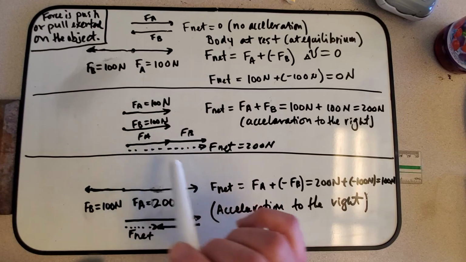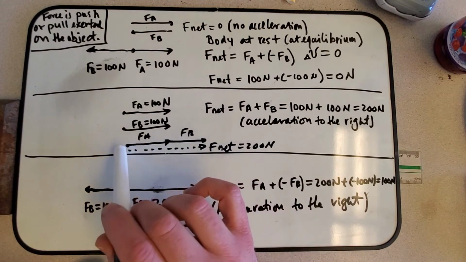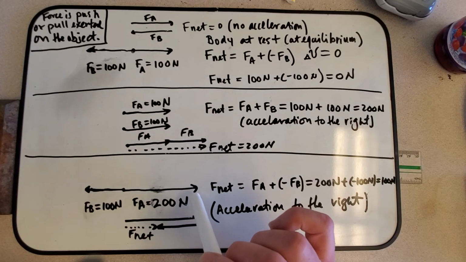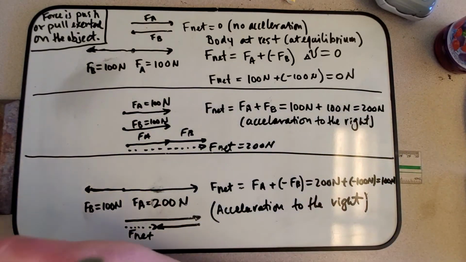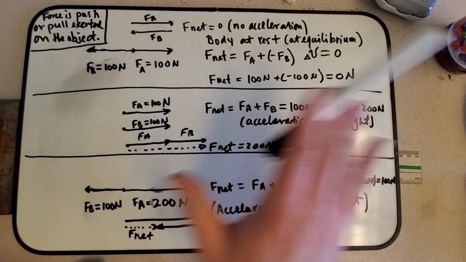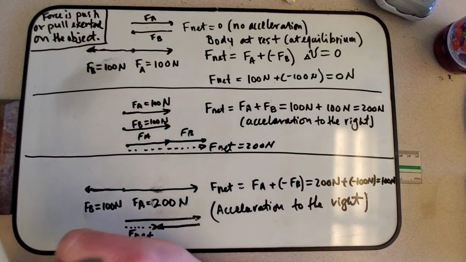That's our F net, from here to here. I plugged the numbers in and got 200. So if they're pushing it to the right, the acceleration will be increasing to the right, because the net force exists. It's not 0, and therefore you're going to have an increase in acceleration and also a change in velocity.